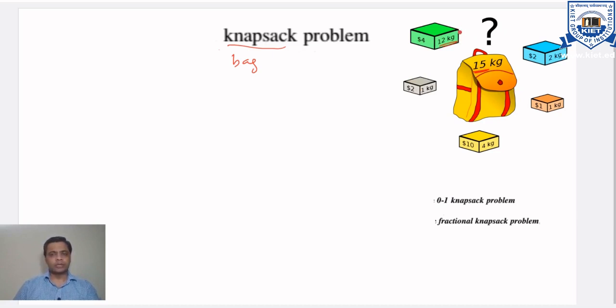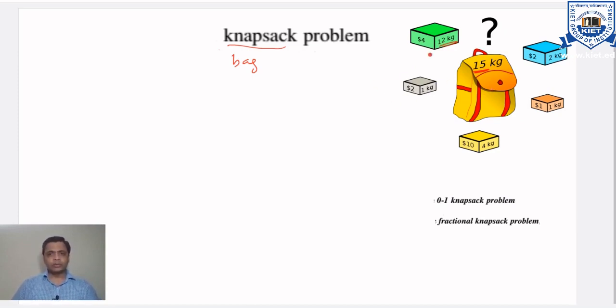In some books it is also written that a thief is there and he has some bag and these are the items. So the thief could not bring all the items due to the limitation of the bag capacity. So the thief has to decide which items he should pick inside the bag.